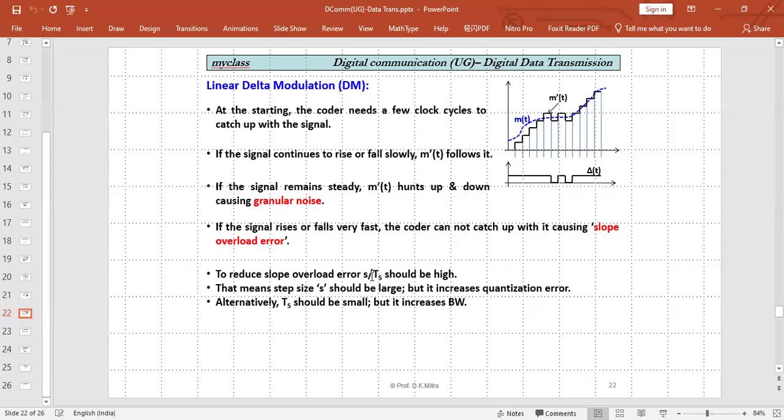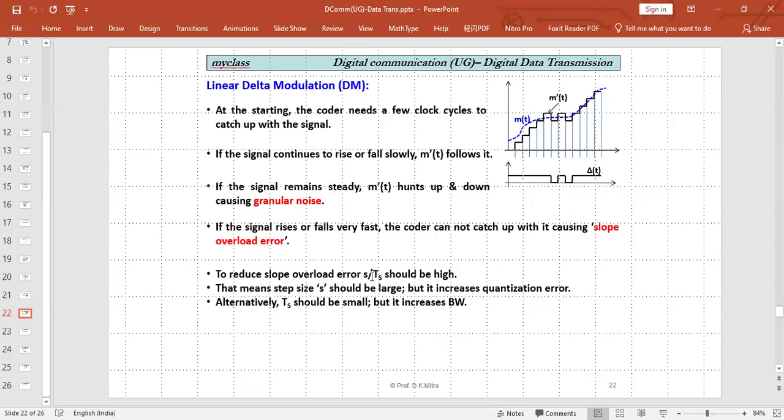If you take TS smaller, suppose instead of 1 millisecond you take TS as 0.5 millisecond, then you have to send your digital data at twice the rate, double the rate. Then your bandwidth requirement becomes double, right?